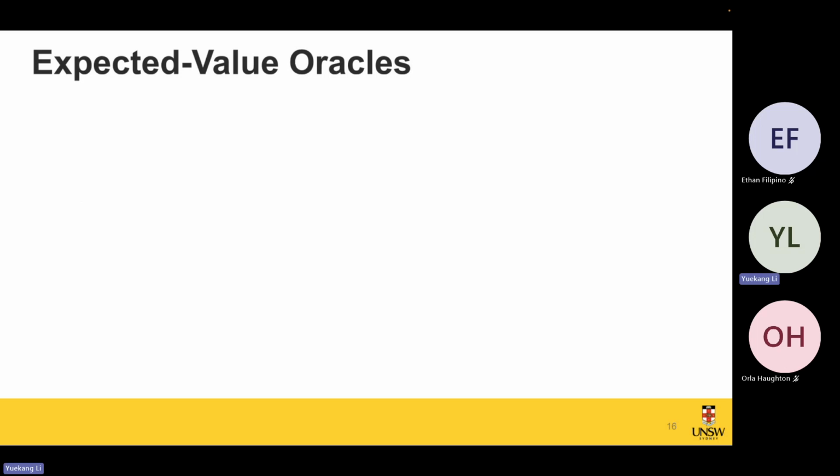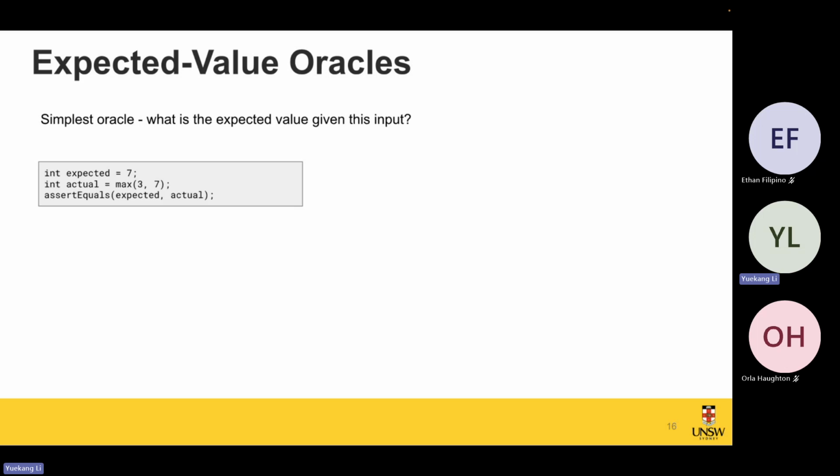And there are actually some subtypes of specified oracles. The first one is expected value oracles. It's actually the simplest type of oracle. We just specify the value according to the input.